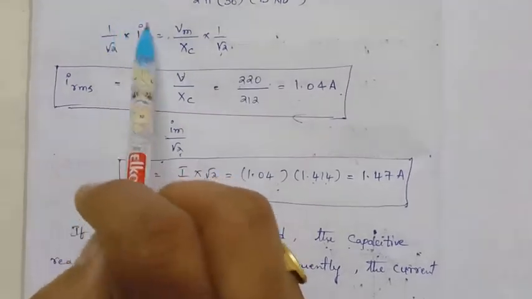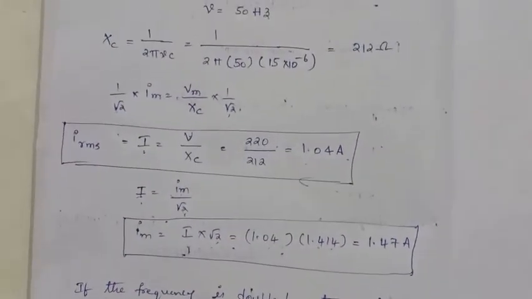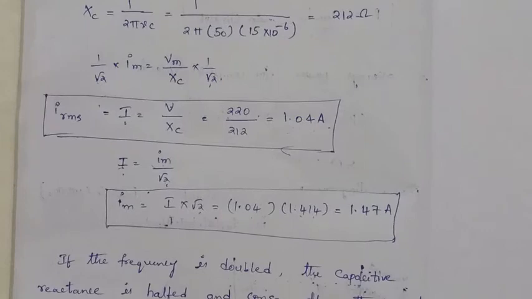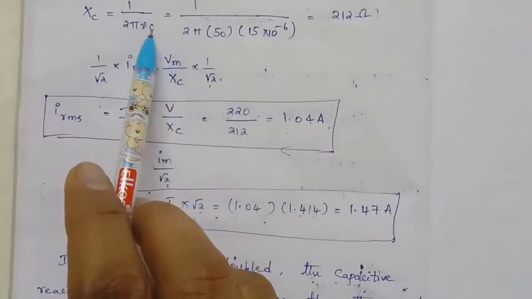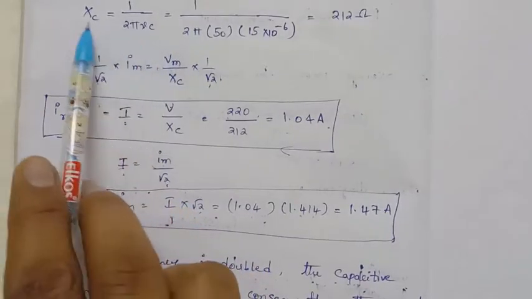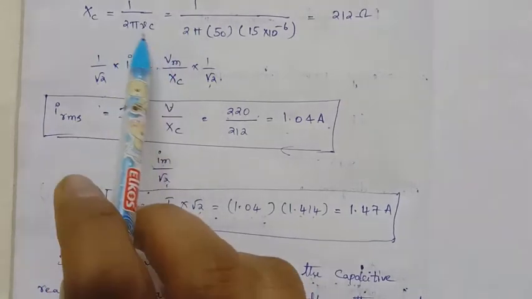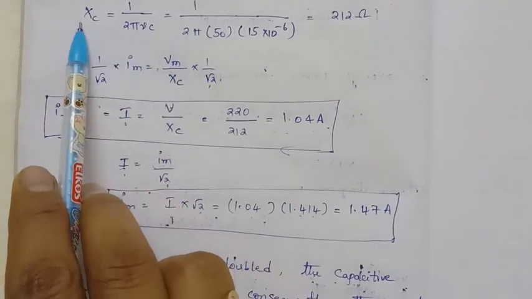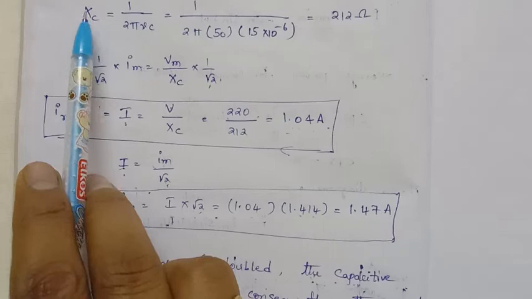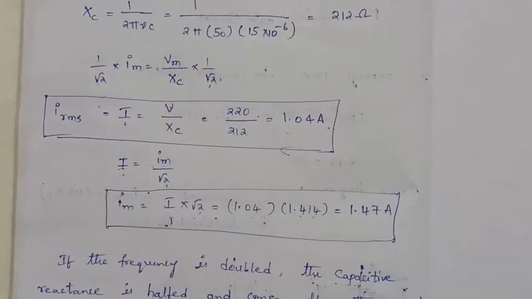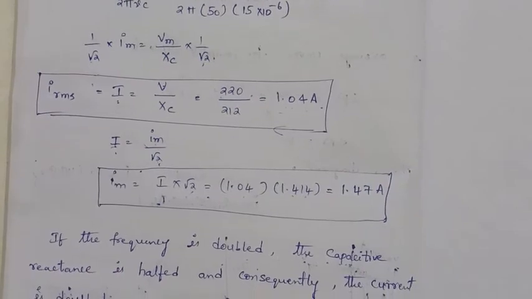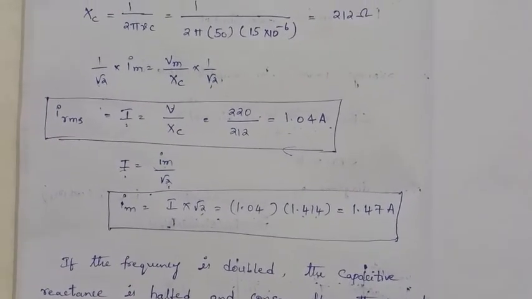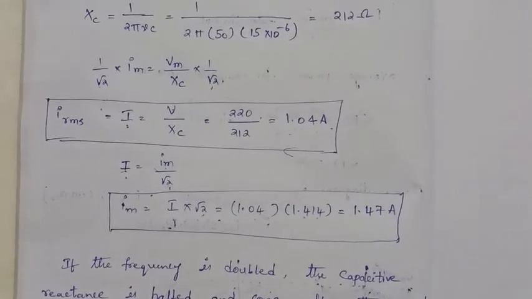If the frequency is doubled, you have to observe this equation. If the frequency is doubled, then what is the relation? Inverse relation. That means the frequency is doubled means the reactance will become half. So if the frequency is doubled, the capacitive reactance is half, and consequently the current is doubled.